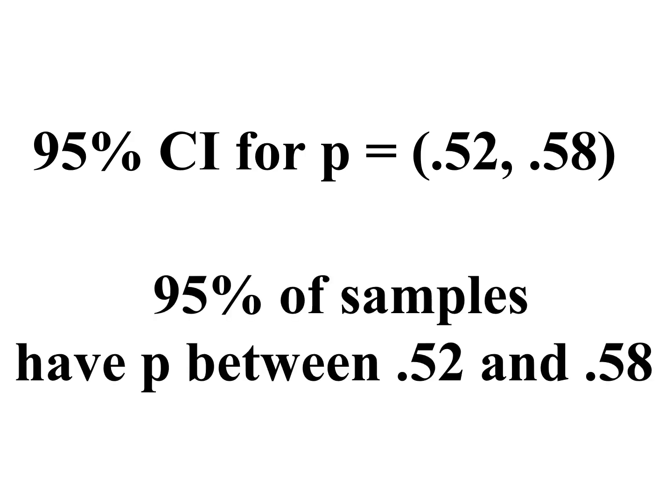In other words, 95% of samples have a p-value between 0.52 and 0.58. We can also state this as a margin of error of about 3%. Given that pi is 0.55, we have about a 3% margin of error.